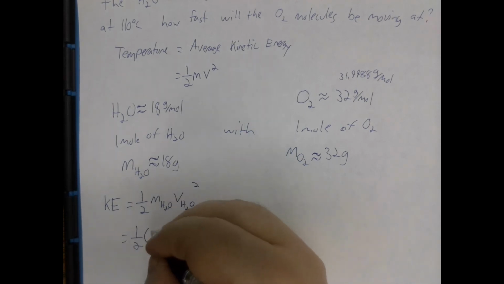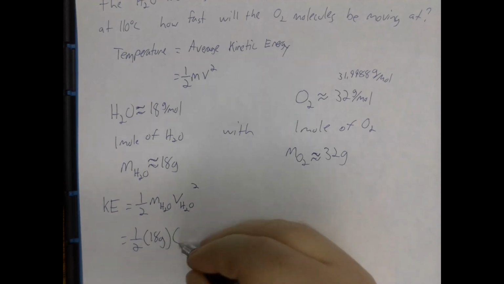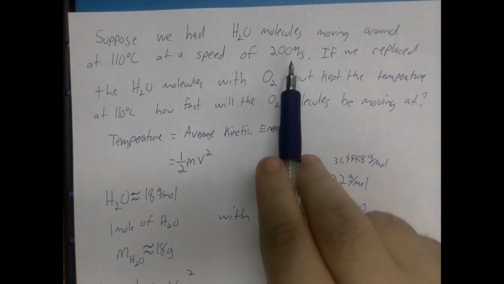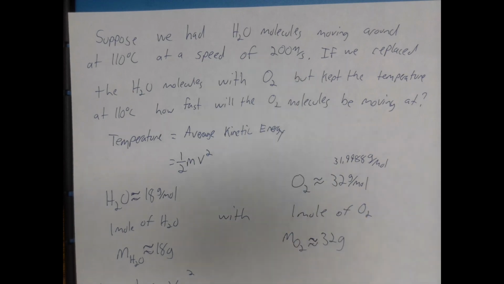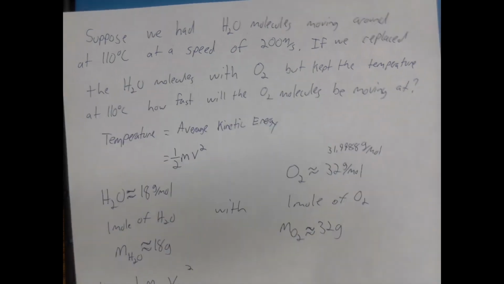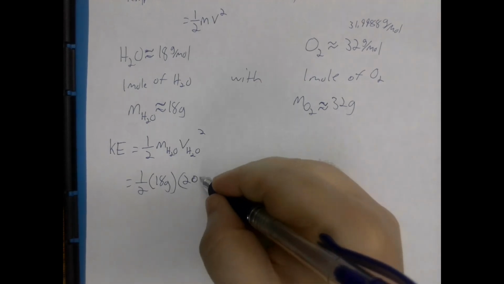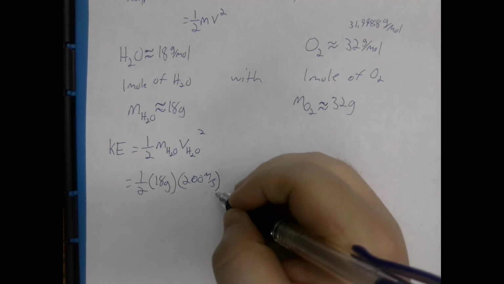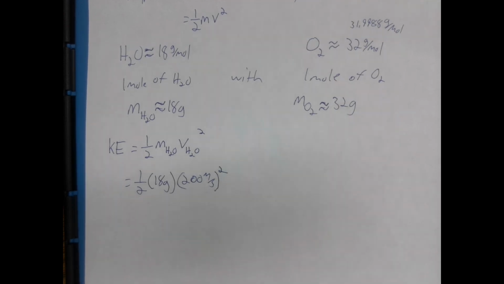So 1/2 times 18 grams. We know from the problem that each of them is moving at 200 meters per second. So we can plug in 200 meters per second, and then we square that.